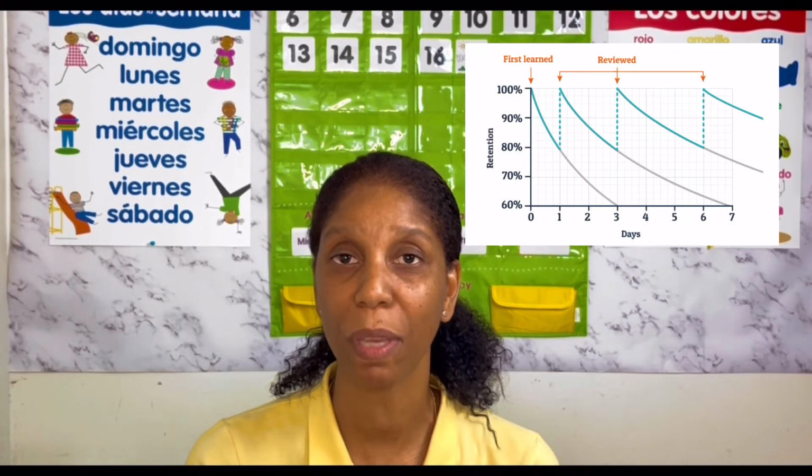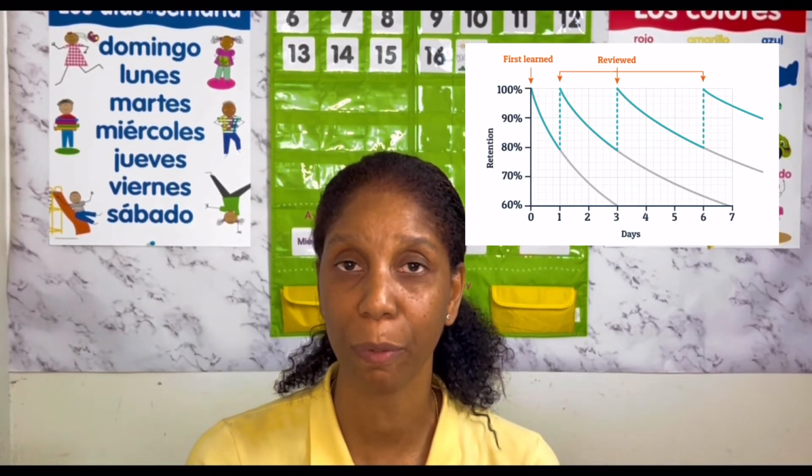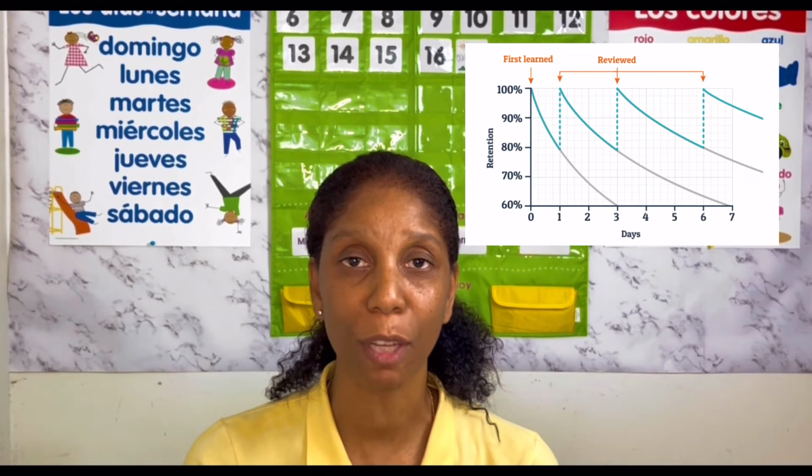So that means that you are learning the vocabulary and more time is elapsing in between when you see the vocabulary repeated to jog your memory. The longer the amount of time between when you first learn the vocabulary word and when you naturally recall that vocabulary word and don't need any references means that you truly are learning that vocabulary.